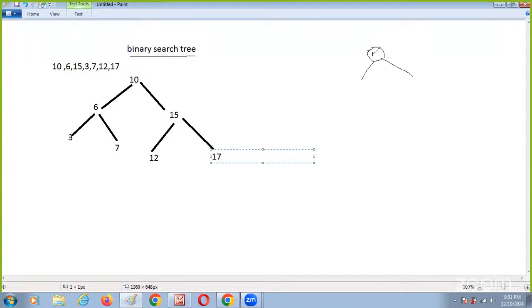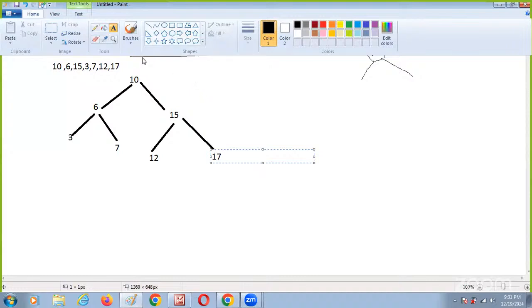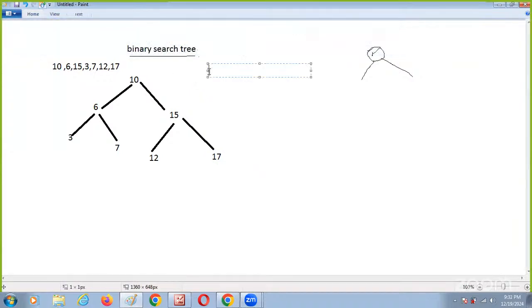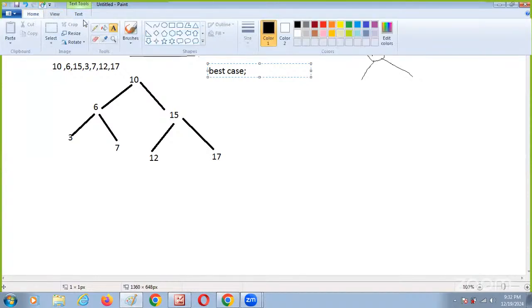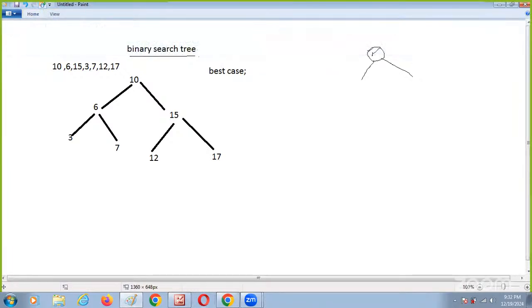I want the best case first. Can anyone please give me the answer? What is the best case time complexity of your binary search tree? Answers are compulsory.